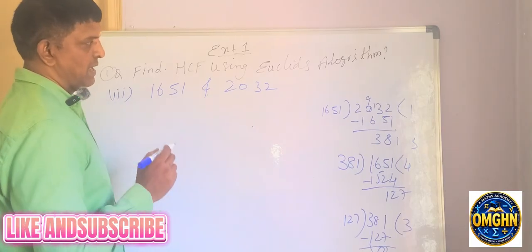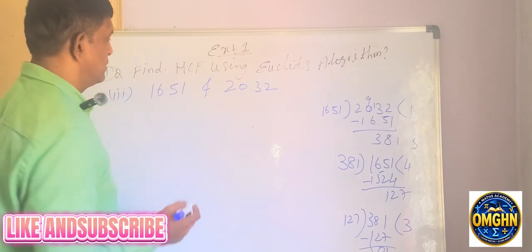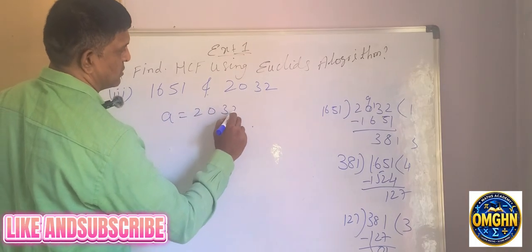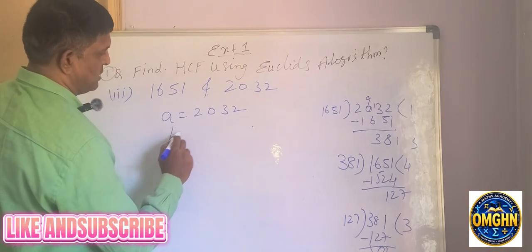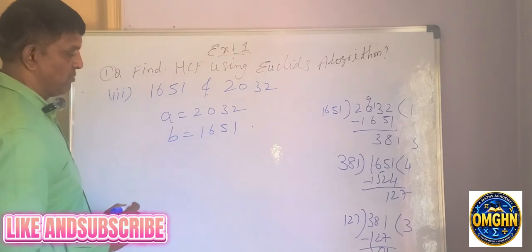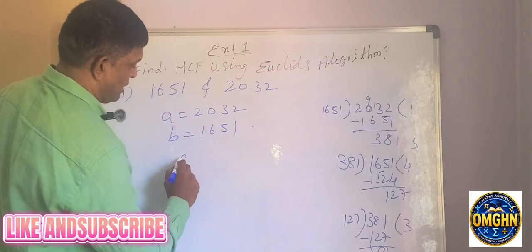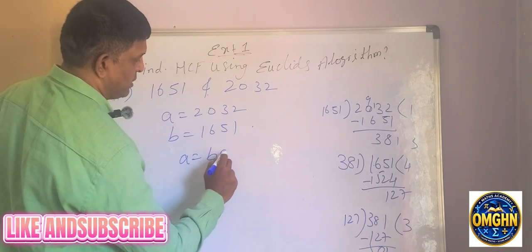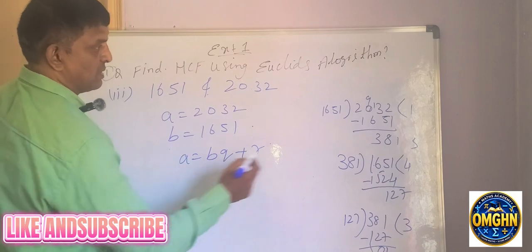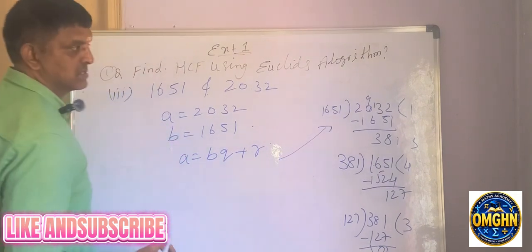Okay, students. Now, this is the third bit of the same exercise, that is 1651 and 2032. Your bigger number is 2032 and the smaller number B is 1651. Again applying the same formula, A is equal to BQ plus R. Here first we are dealing with this number.